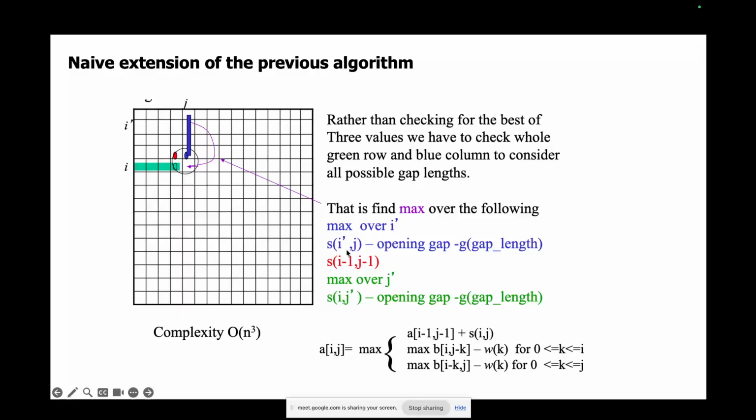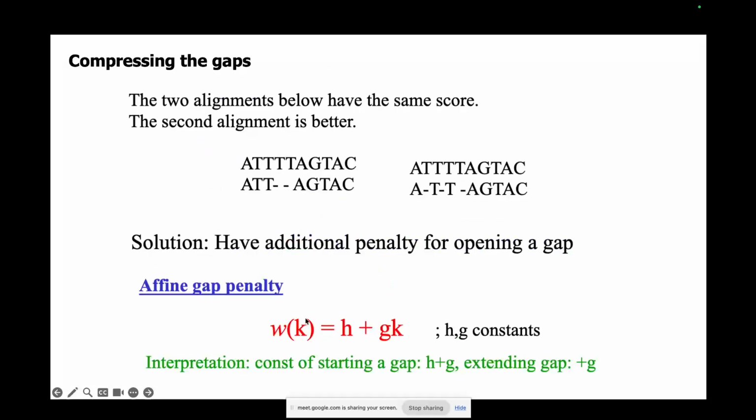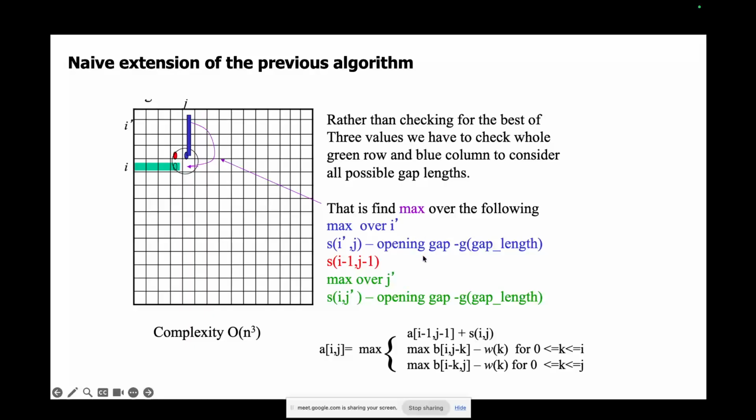So this is the i prime here, and j prime is somewhere here, but anyway, for i prime, j, minus the opening gap, minus g into gap length, this is the affine gap penalty I was talking about. So basically, for opening a gap you have a penalty, and for the length of the gap you have a penalty again. Depending on the number of gaps here, you have a score for this.